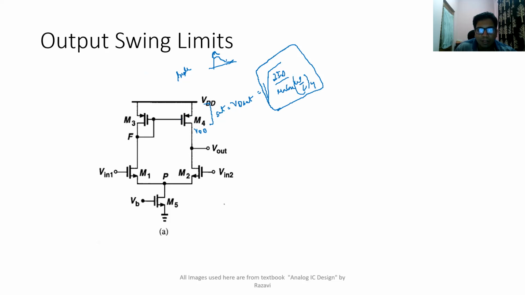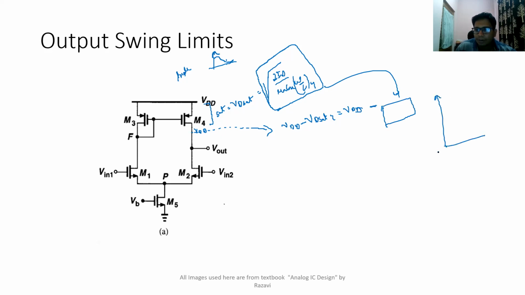Therefore, the maximum voltage you can go to at this point, without making this transistor go into triode region, is VDD minus VD sat of 4, which is VDD minus the equation I have written here. That is the upper limit. Starting from 0, if this is my VDD, the maximum limit is VDD minus VD sat.